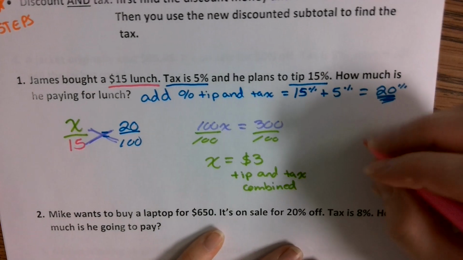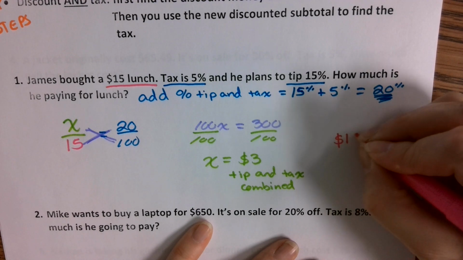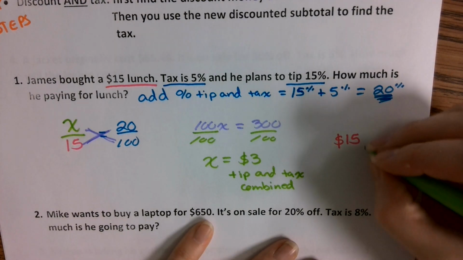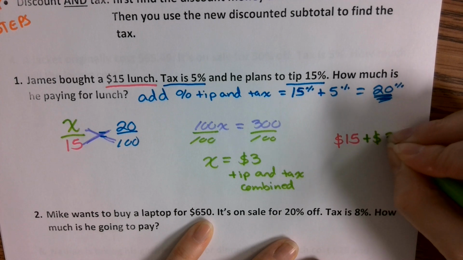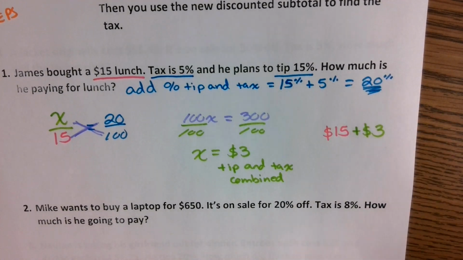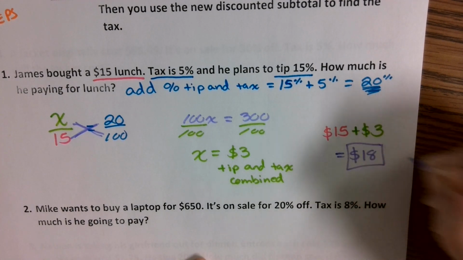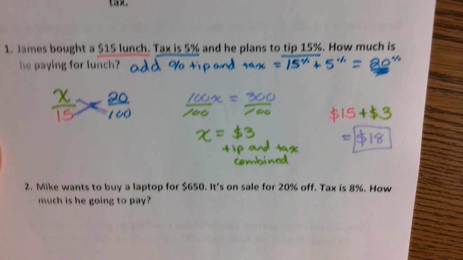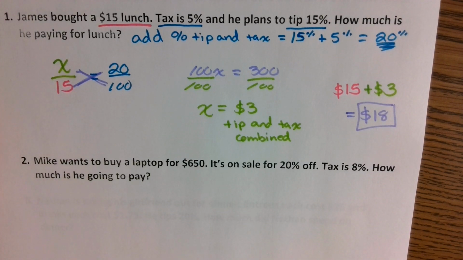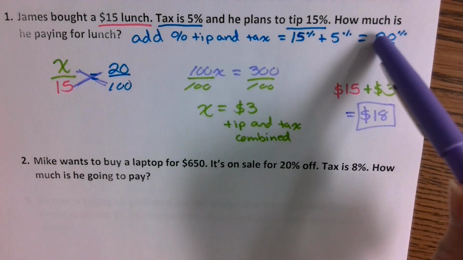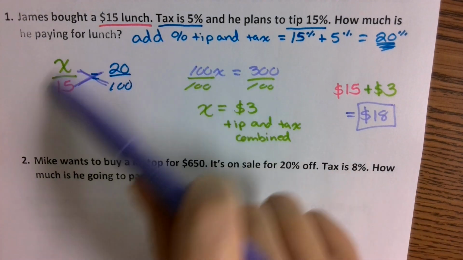Guys, these are basic concepts. As you get older and you want to go out to eat, this is a basic concept. You got to pay for your lunch and you got to pay tip and tax. You got to combine those together. It's going to be $18 total cost for him for the lunch. Again, all you're doing is adding your 2 percents together and then working it out like it's 1 percent.